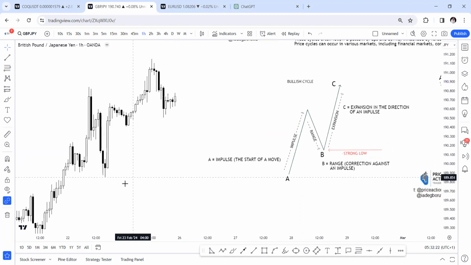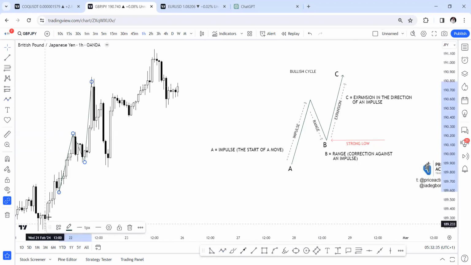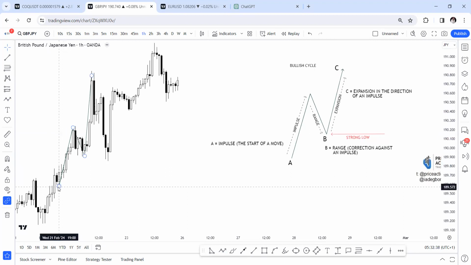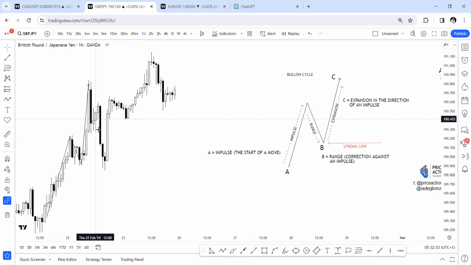You see, this is leg A. If this is leg A, the move starts here, then a range. Have this as the range. Something like that. So this is a supposed range of the cycle, and price came down.